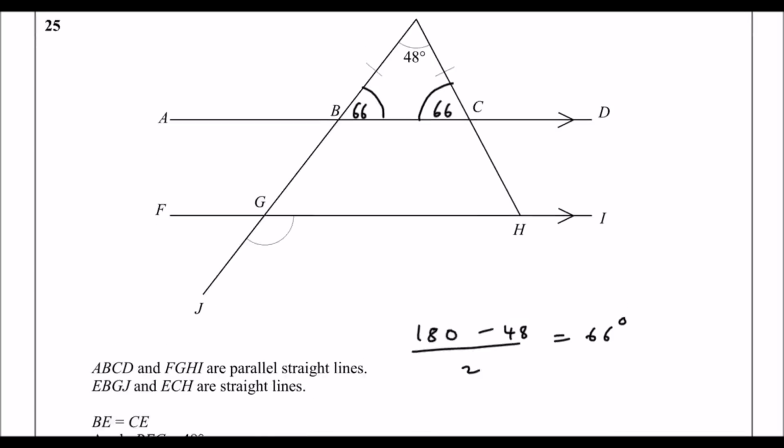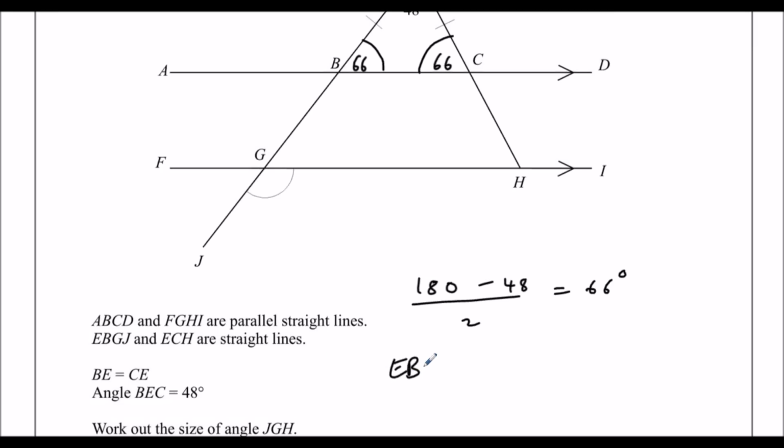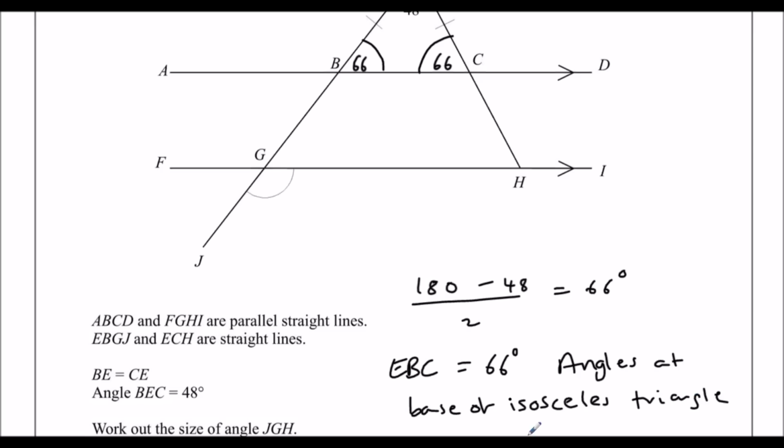So angle EBC is equal to 66 degrees, and the reason, the angles at the base of an isosceles triangle are equal.